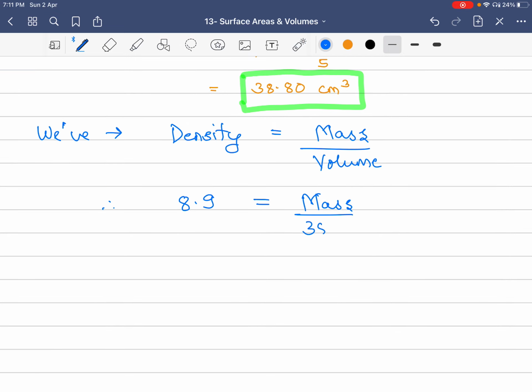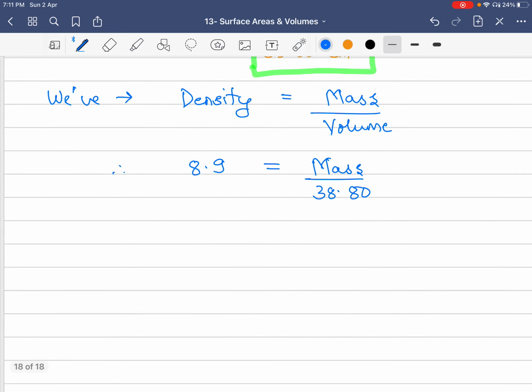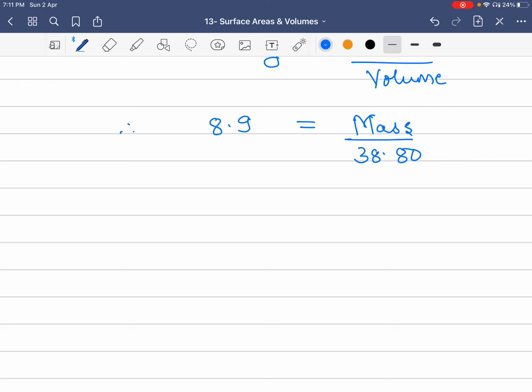Now finding the mass is very simple. The mass of the sphere is going to be equal to 8.9 multiplied by 38.80. Once again, we have to use a calculator. 38.80 into 8.9 is 345.39. The unit is very important.